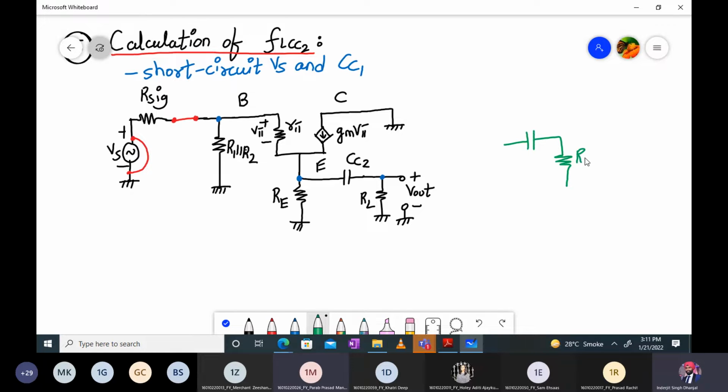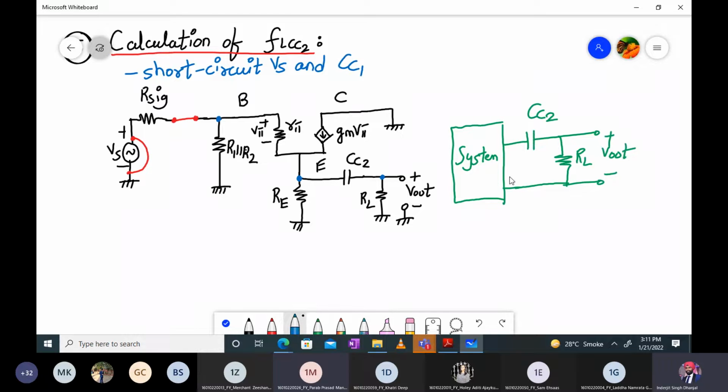This is RL, and here we have a system in place. This is C2 and this is RL, and we have a V out over here.